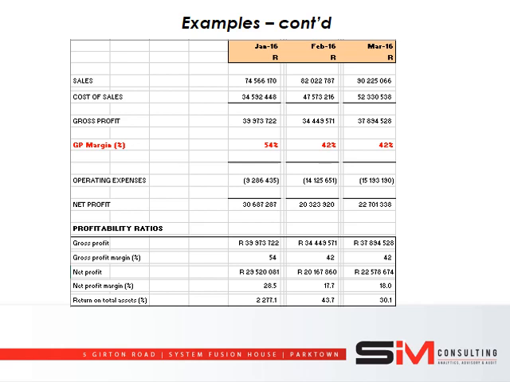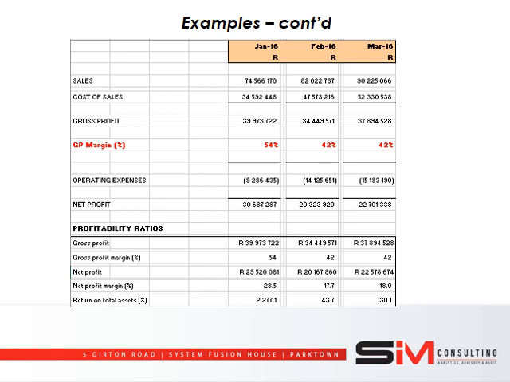If you minus these operating expenses from gross profit, you'll come up with an amount of 30,687,287 rands, and that is your net profit.